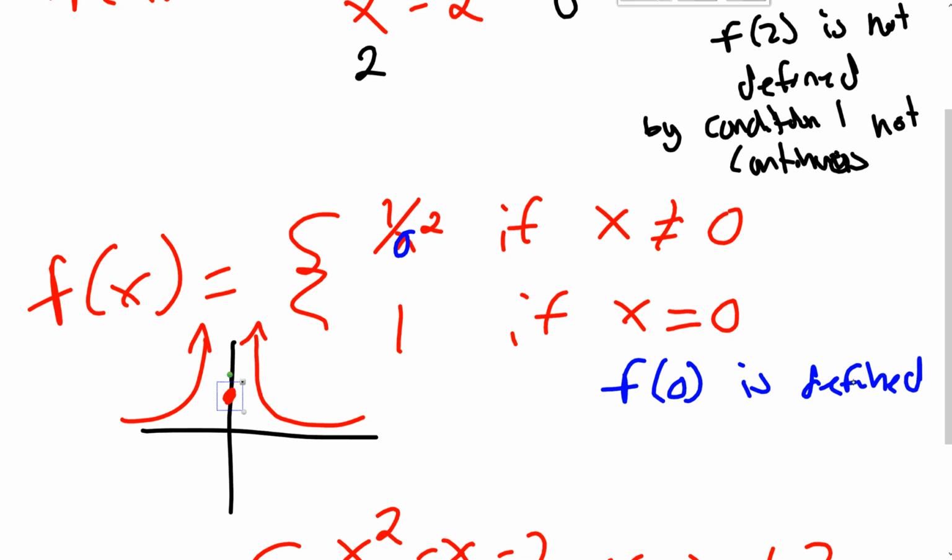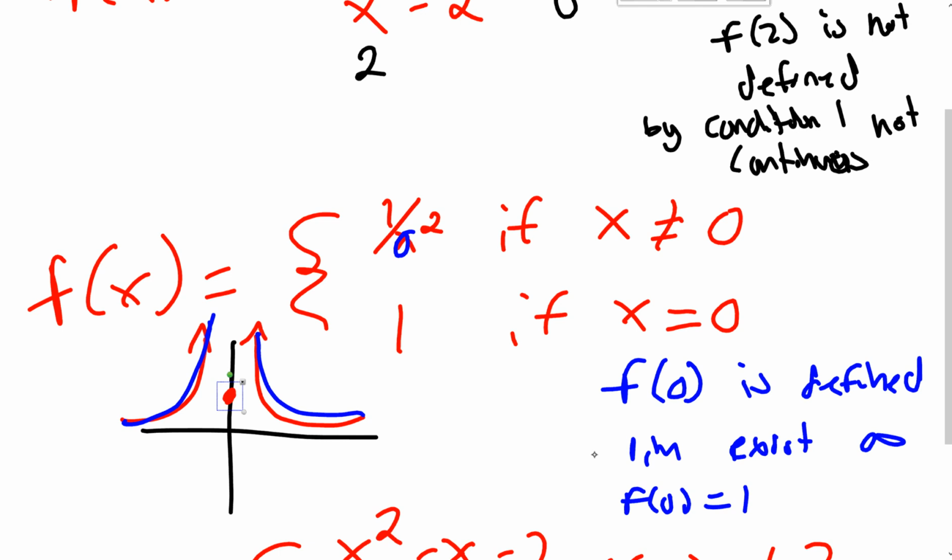But for the limit here, as this continues to go up from the left, it goes up to positive infinity, and from the right it goes up to positive infinity. So the limit kind of exists, because it goes up to positive infinity from both sides, but f of 0 equals 1, where the limit does not equal it, so it's not the same.